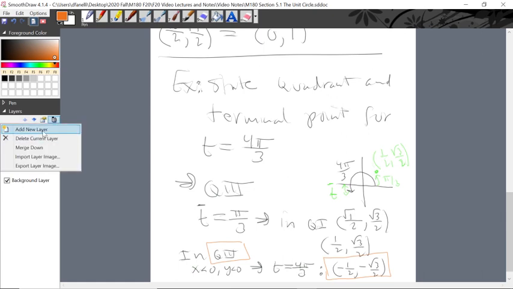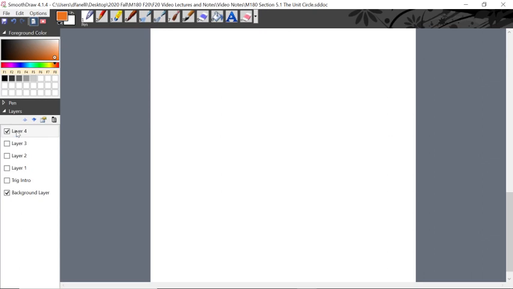So we could follow this same process for any other value of t that we are given. Right, we can find the coordinates of the terminal point.